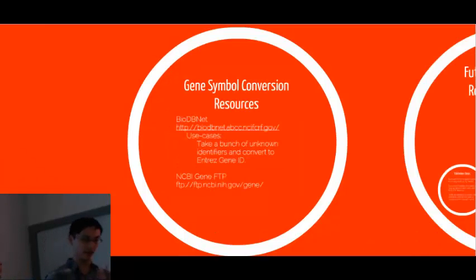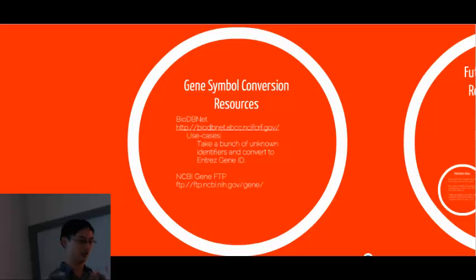So something that ended up taking up an inordinately long amount of time after you even get your GMT was cleaning it up and converting nonsensical symbols into sensible ones. And I just thought I'd put up some resources here that I found useful. The main one being biodb.net, which you can input thousands and thousands of different symbols into using their db-find function. You don't even have to know what they are or what they mean, and it'll try to convert them to gene symbols.